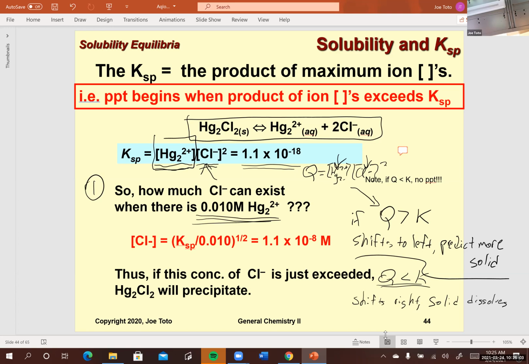Then I can use my constant, Ksp, and I can solve for this unknown concentration and show what value that concentration would need to be built up to before I had a precipitation. Okay, so you can kind of ask interesting questions.